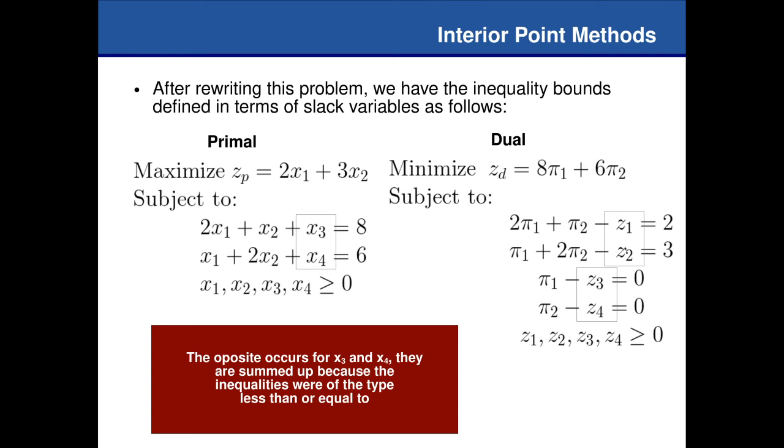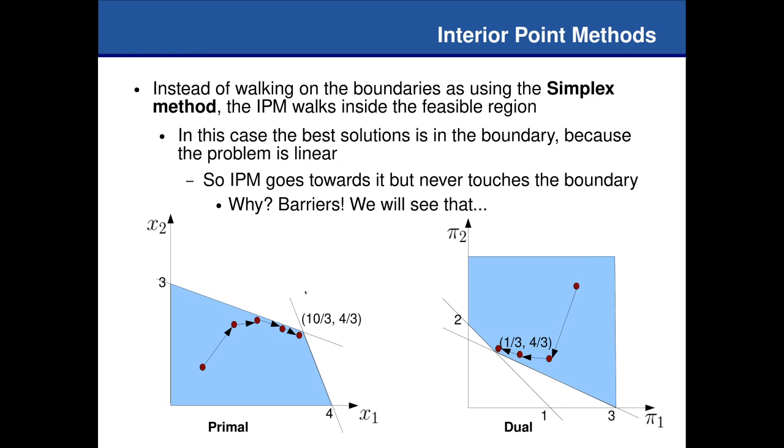And of course, here we needed to sum up x3 and x4 because we have something that's smaller than or equal, so we need to be equal 8 and equal 6. So we need to sum up some positive value. So x3 and x4 are positive, greater than or equal to 0 at least. This is the solution for our problem.